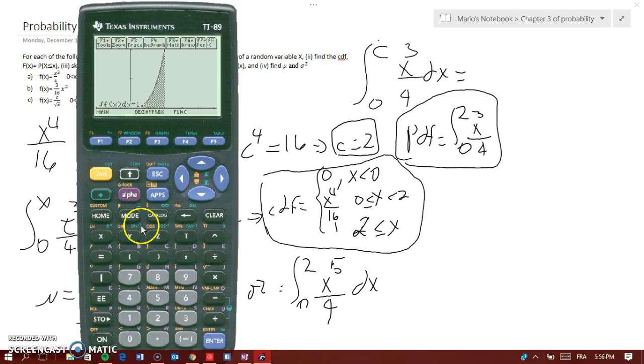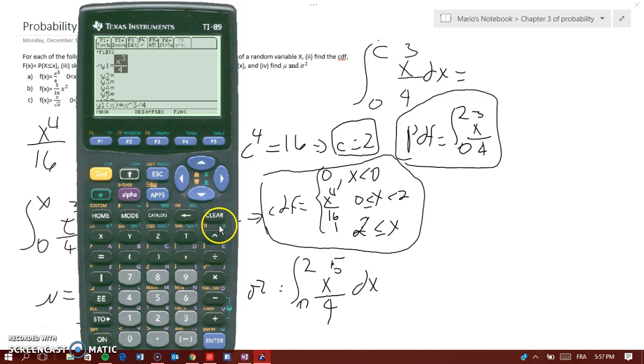Remember again, from negative infinity to 0 it is just a straight line at 0, and once you get to the part where it finishes at 2, it's a straight line from there all the way to infinity.